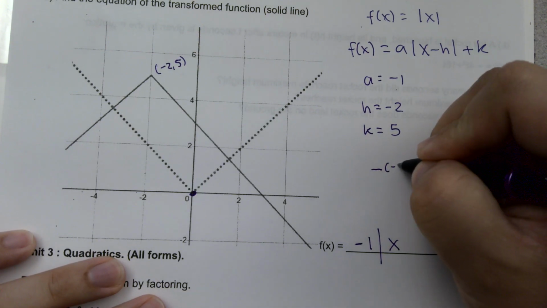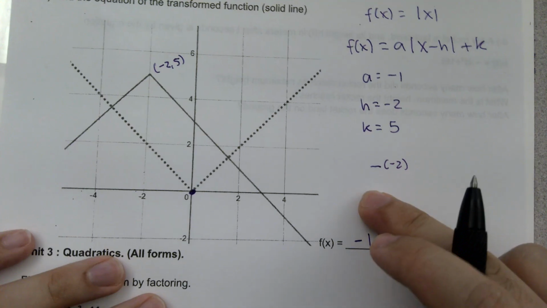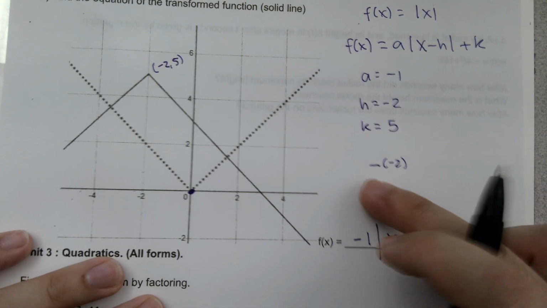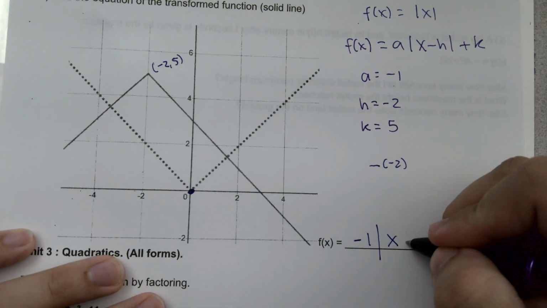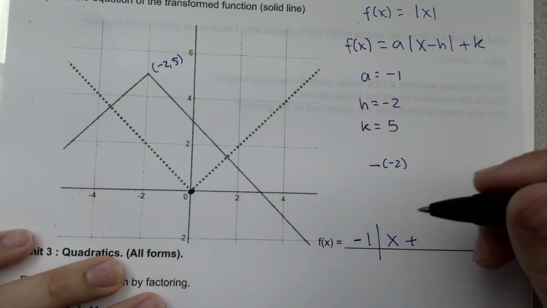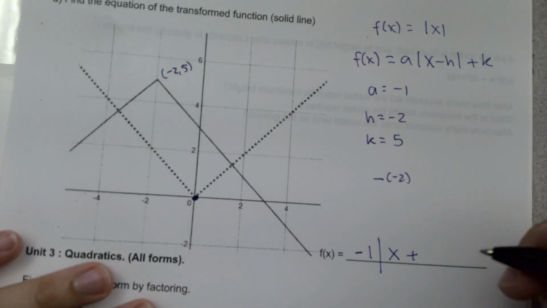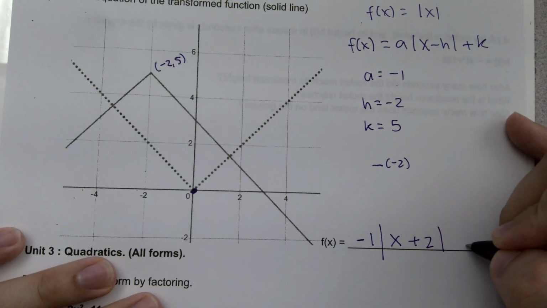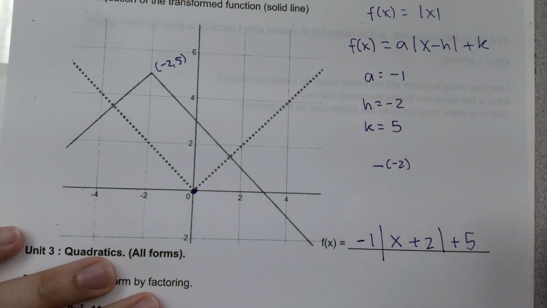When you subtract a -2, you can think of this as -1 times -2. Negative times a negative is positive. That is why when you subtract a negative, you get a positive. So x plus 2, plus 5.